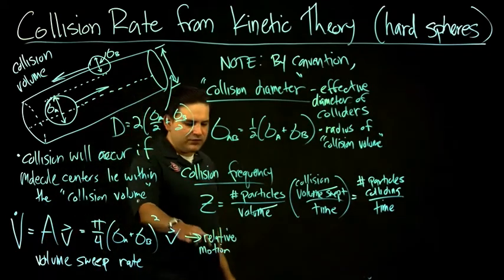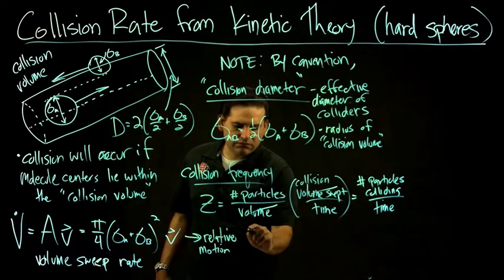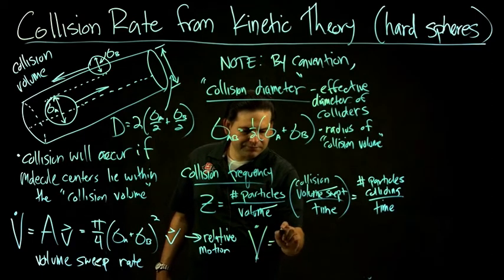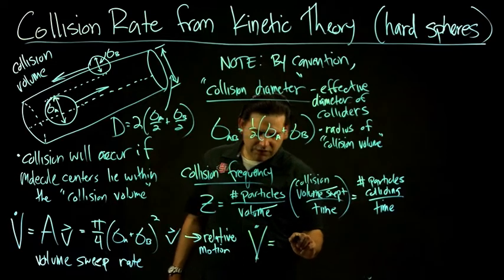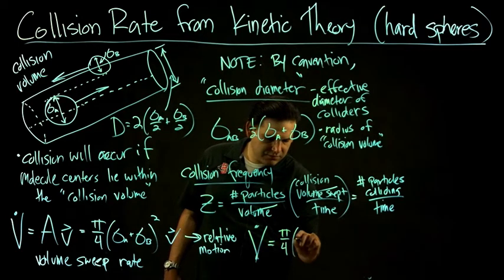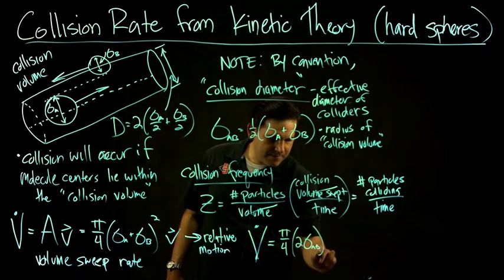So the relative motion would give you a slightly different formulation of the sweep rate. That would be related to the area of this cross section, and then we're going to express it in terms of this collision diameter.